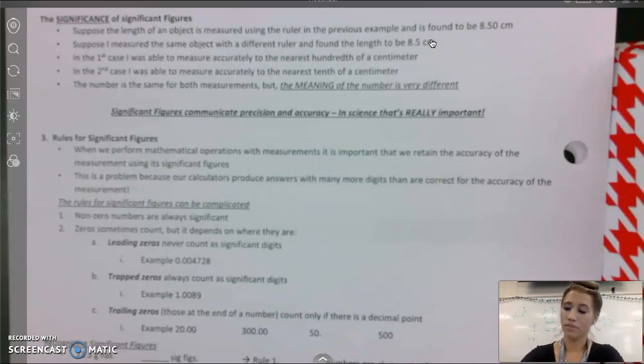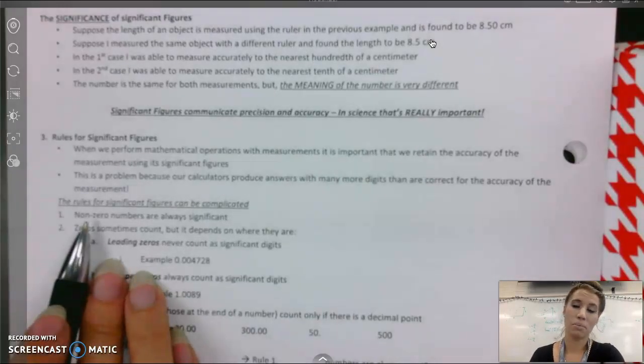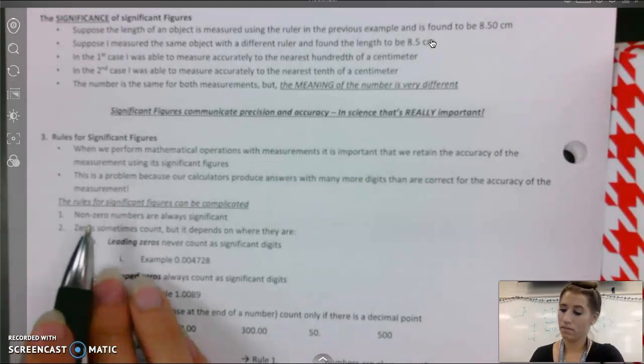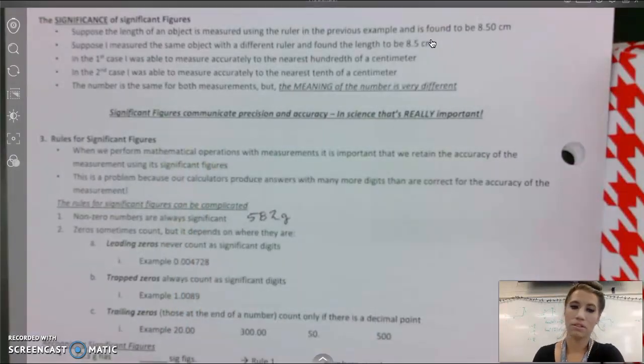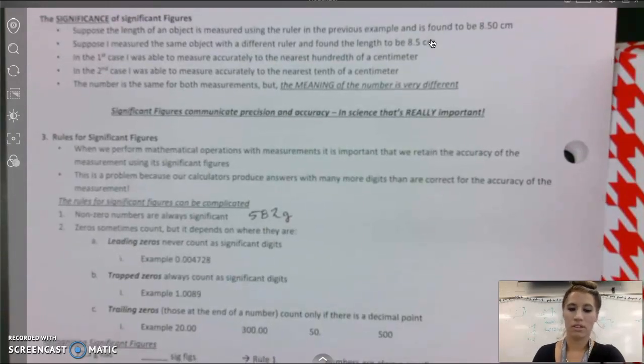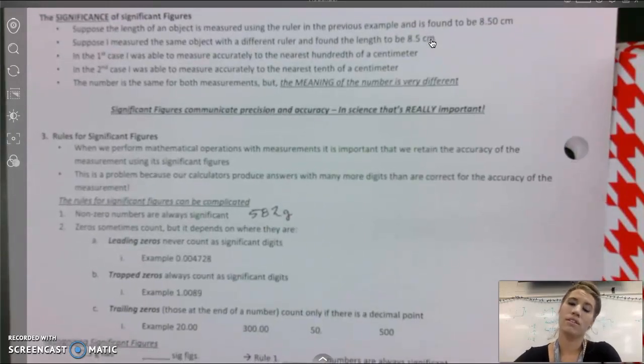The first rule is that non-zero numbers are always significant. So if I have 582 grams, then I have 1, 2, 3 significant figures because they're all non-zero. Now, zeros are a little bit different. Zeros that are leading, those ones are never significant.